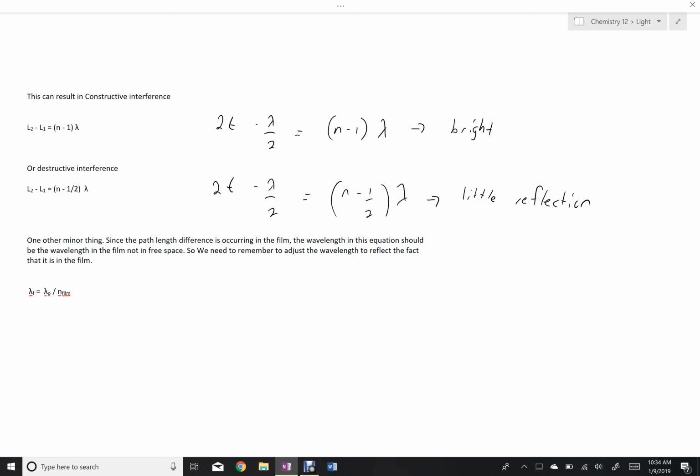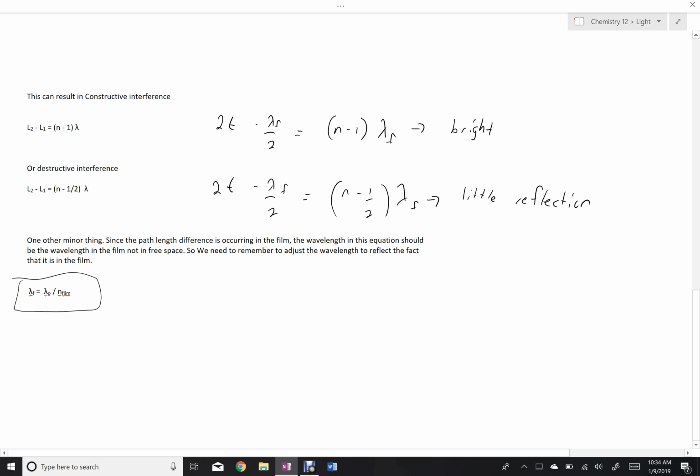So the wavelength in the film, where the interference is actually occurring, will not be the same as the wavelength in free space. So we have to be careful to use the wavelength in the film in these equations and not the wavelength in free space.